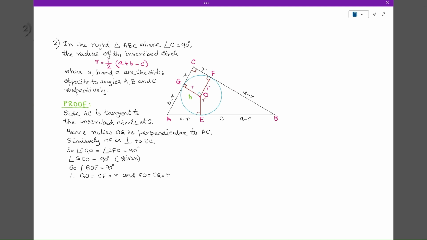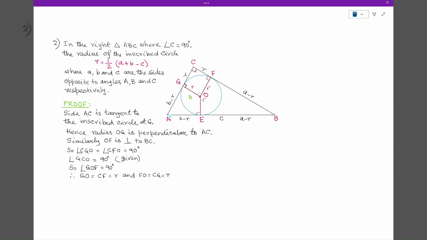In the right triangle ABC, where angle C is 90 degrees, the radius of the inscribed circle, that is this circle, r, is given by the formula r is equal to half (a plus b minus c), where a, b and c are the sides opposite to the angles A, B and C respectively.